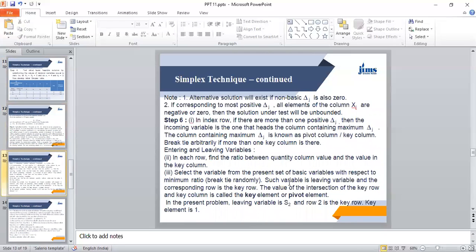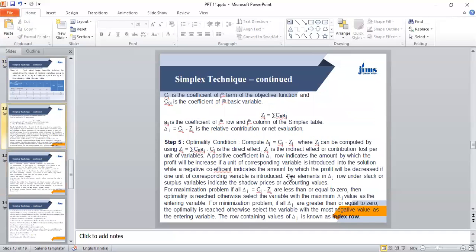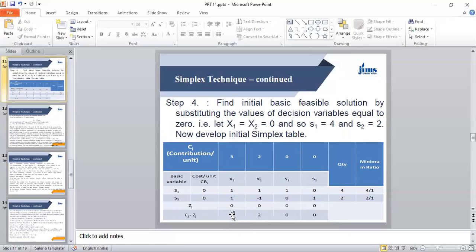So what we do, in the index row, if there are more than one positive values, then the incoming variable is the one that heads the column containing the maximum value of delta J. Let us see here. We have two positive values in the net evaluation row, 3 and 2, and the others are 0 and 0.